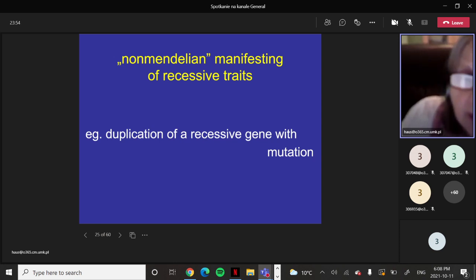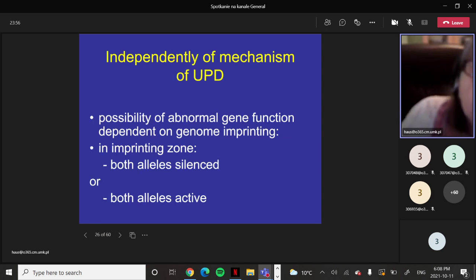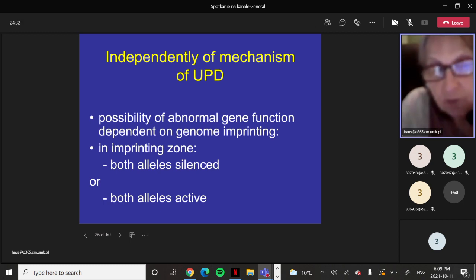Okay, and what else? Independently of mechanism of UPD, whether it is homodisomy or heterodisomy, there is always a possibility of abnormal gene function, which depends on genome imprinting, because both chromosomes in these two situations have the same pattern of imprinting. Yes, so both alleles of a gene may be silenced, both alleles may be active.